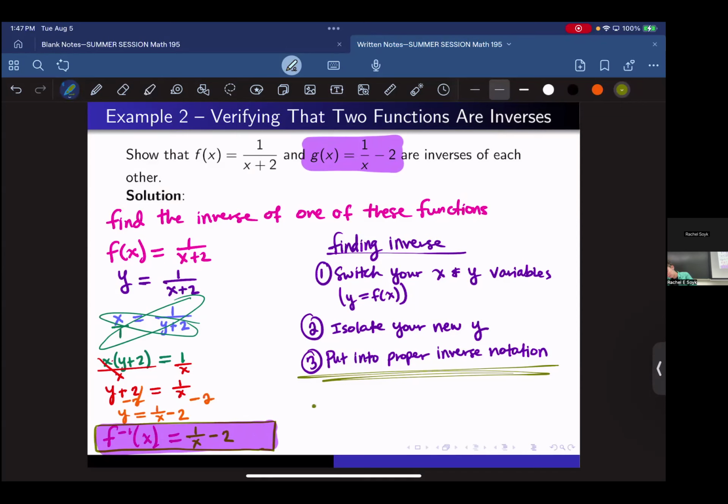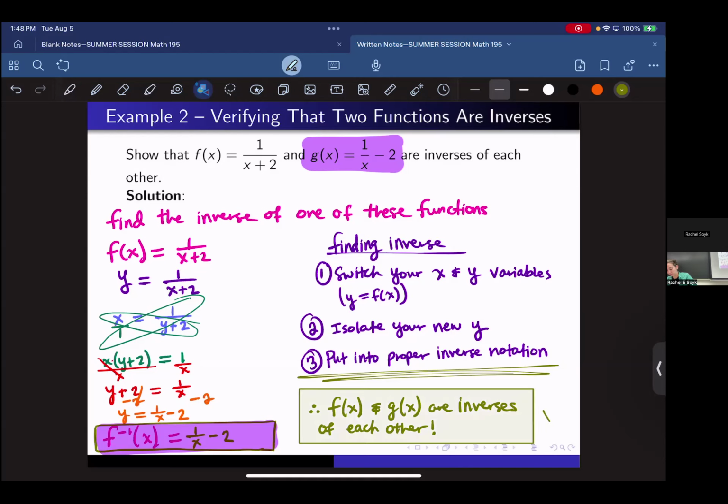Therefore, f and g are inverses of each other. And we're done. Any questions on this?